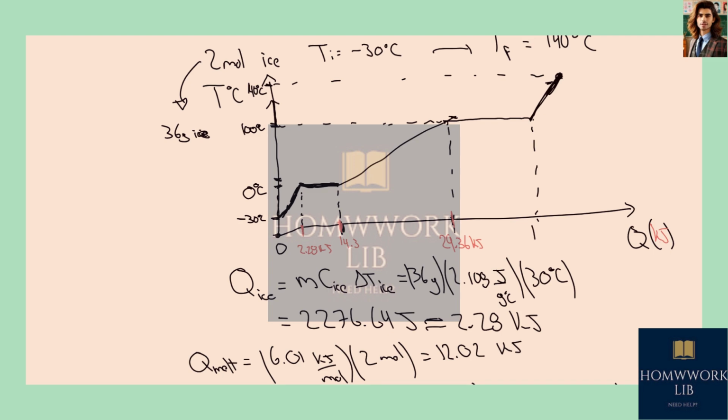You can actually put the graph in a somewhat correct scale with the values that I am providing here to you. So over here, this is going to be 110.76 kilojoules. And here, just to make the graph a little bit more clear, let me put the slope. In this case, it's going to be a little flatter all the way here. And our final point, which would be around here.